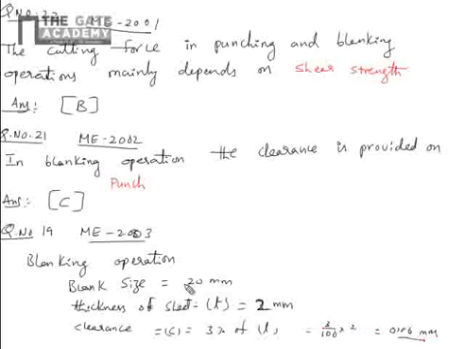Next, the punch diameter equals die size minus 2c, which is 20 minus 2 into 0.06, equal to 19.88. Answer is A. Simple.